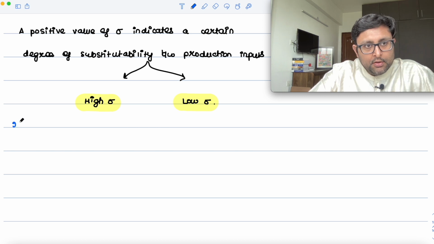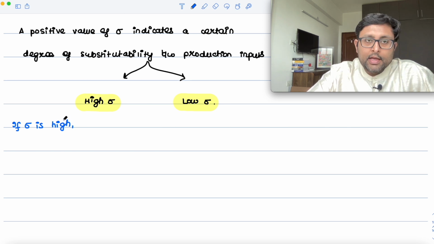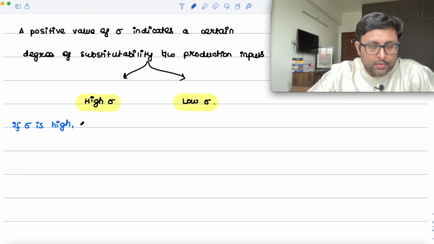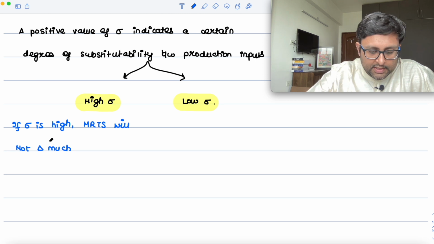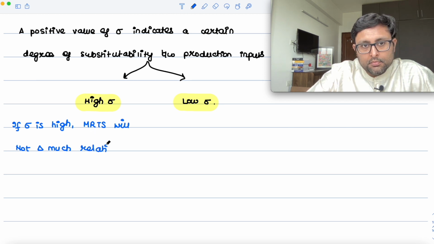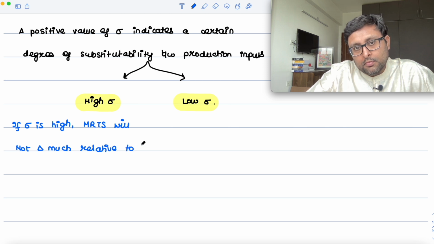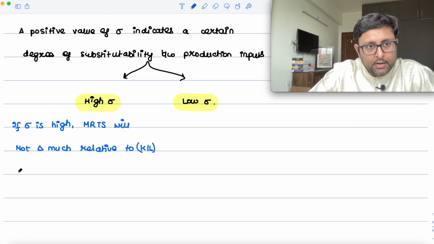If sigma is high, MRTS is not going to change much relative to K by L, right?